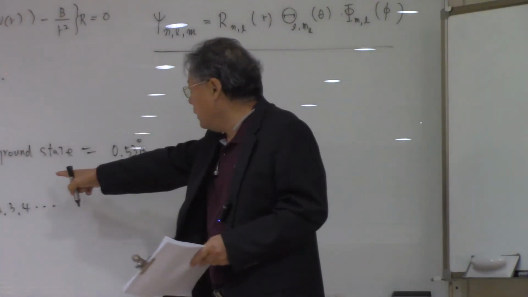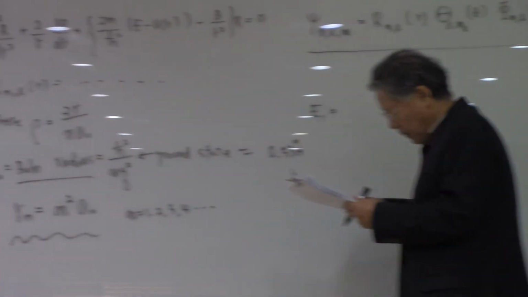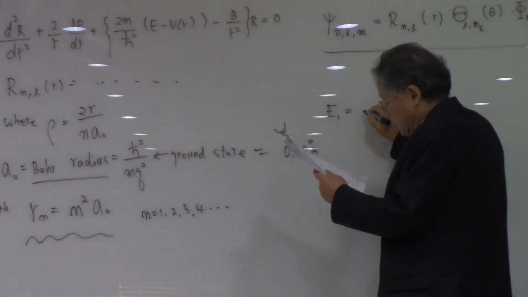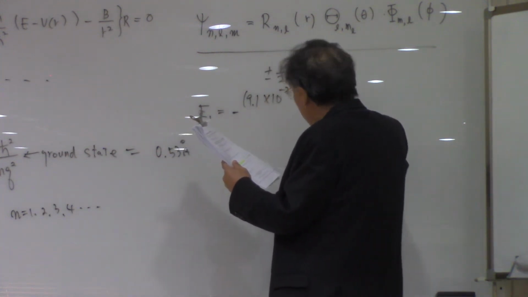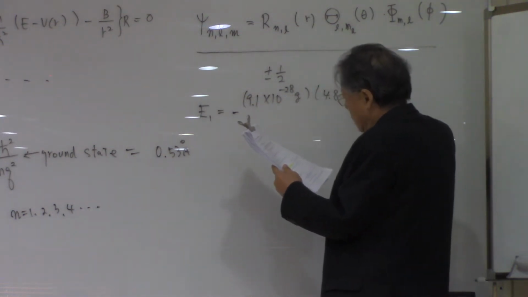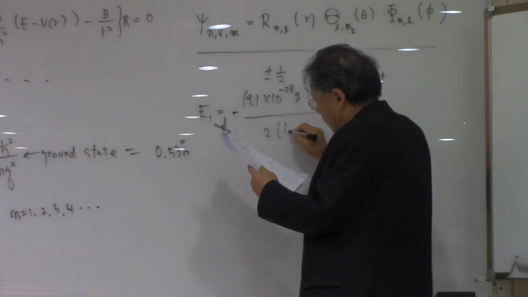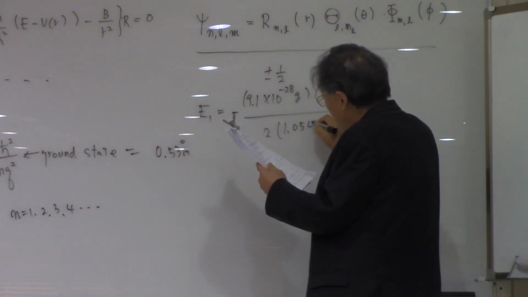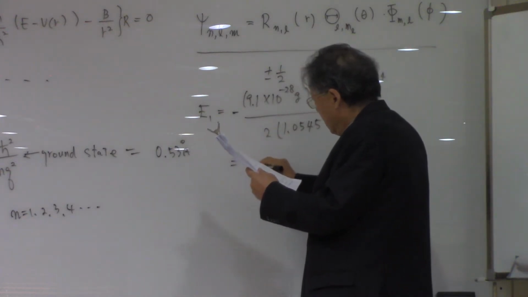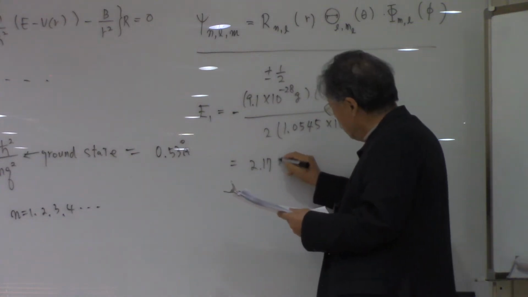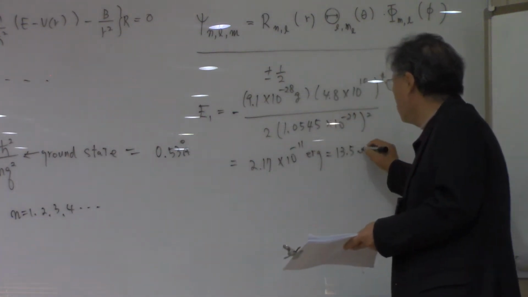Now for the ground state, the energy of the ground state of a Bohr radius has been calculated in the text as something like this: 9.1 times 10 to the minus 28 gram, 4.8 times 10 to the 10th, and 2 times 1.0545 times 10 to the minus 27 squared, and this is 2.17 times 10 to the minus 11 erg, and that is 13.5 electron volts.